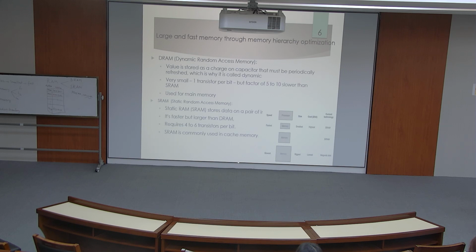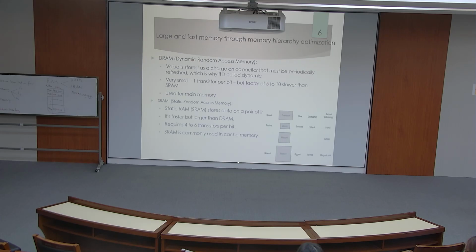So we have DRAM, for example, dynamic random access memory, which stores bits as charge on capacitors. But as I have said, it needs to be periodically refreshed to retain its data. We have seen that the SRAM is smaller, but it stores data using logic gates. It doesn't need to be refreshed to maintain its data.